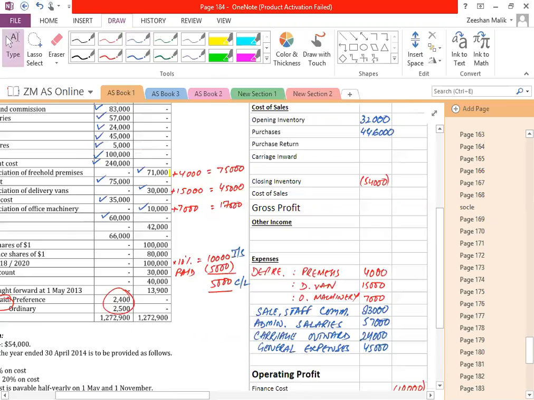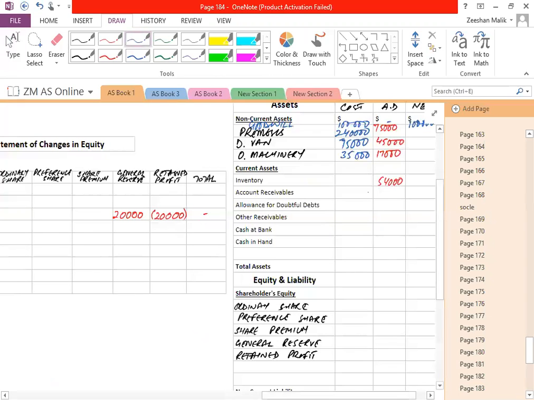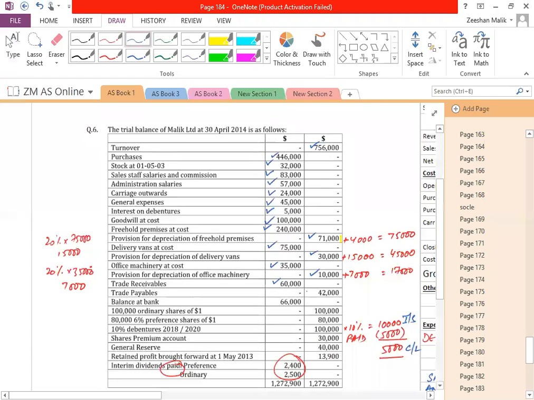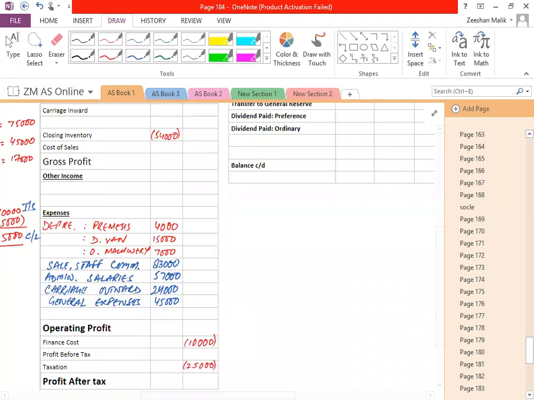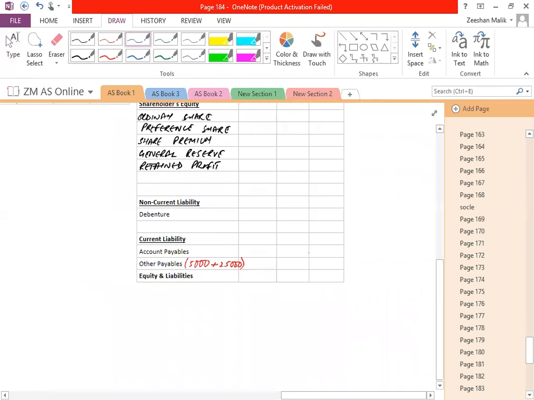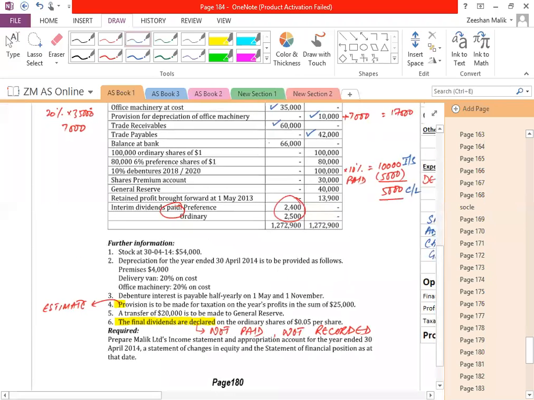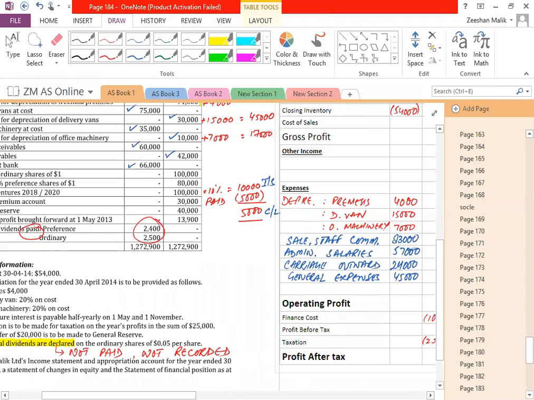Receivables 60,000. Current assets. Trade payables 42,000. Depreciation sum 30,000. Other payable sum. Bank balance 66,000.